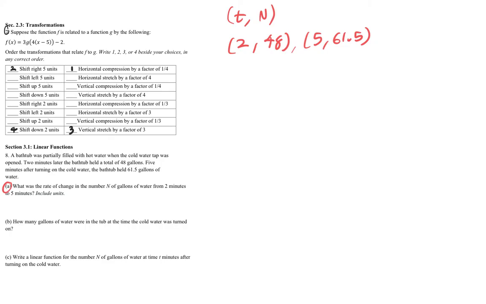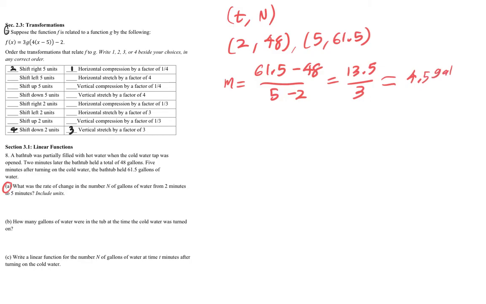So let's say our m for our slope is going to be equal to 61.5 minus 48 over 5 minus 2, which is going to leave us with 13.5 over 3, which is equal to 4.5 gallons per minute. So for this one, our rate of change is 4.5 gallons per minute.